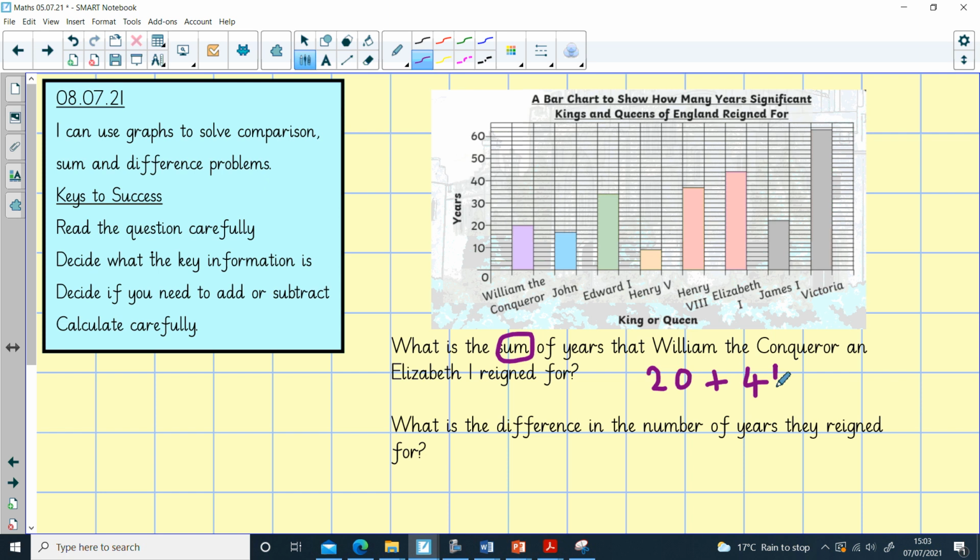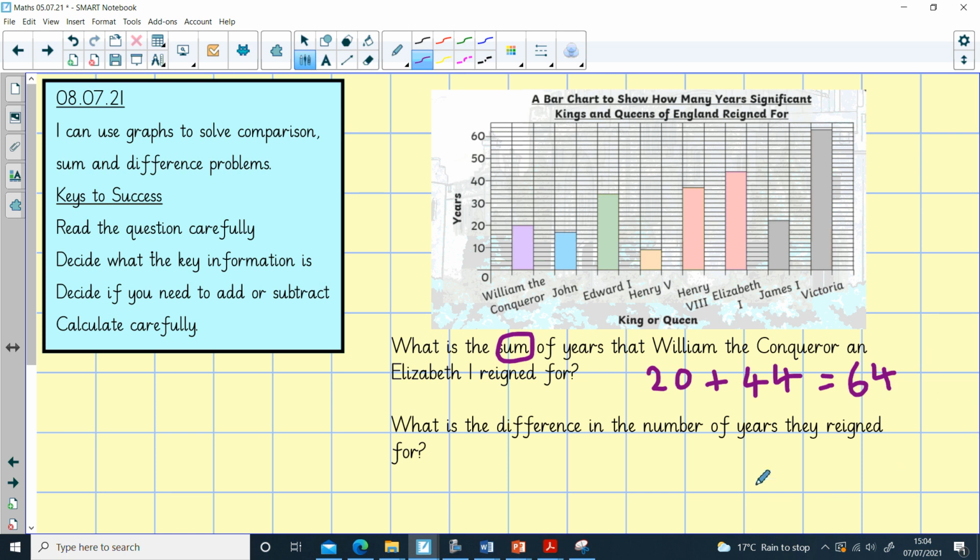And because it's a question about sum, I know I need to add those together. So I'm going to do 20 add 44, or I can switch that round and do 44 add 20, and the answer is 64. So William the Conqueror and Elizabeth I ruled for 64 years in total.